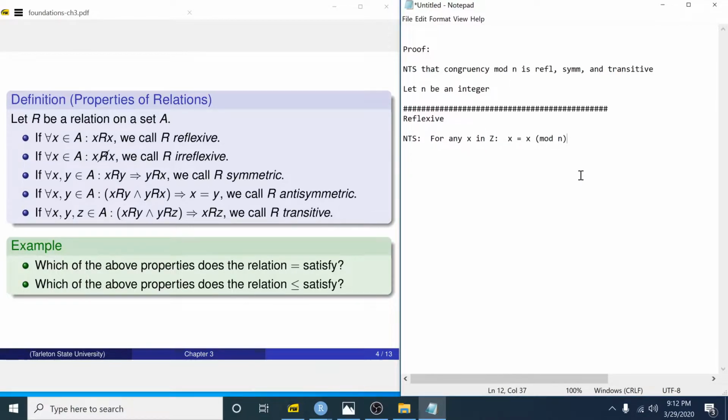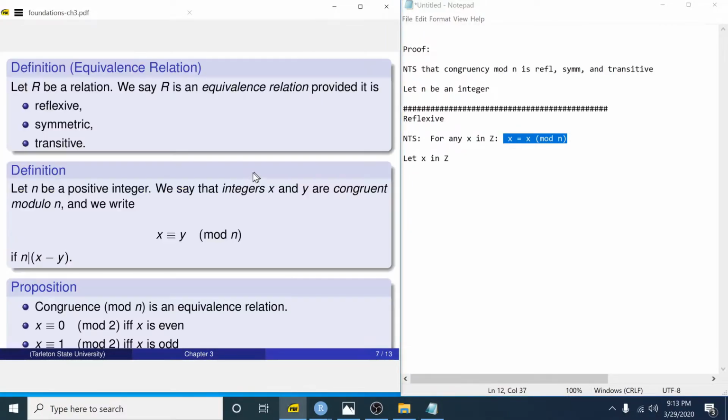All right, let's show this. We have a universal quantifier here. This says for any x in Z, so we know how to handle a universal quantifier. We're going to let x be an arbitrary element of Z, and then we need to check that x is congruent to x mod n. Well, what's the definition of that?